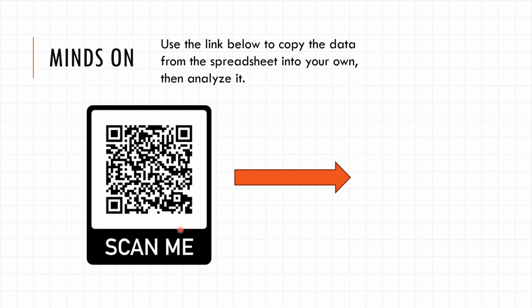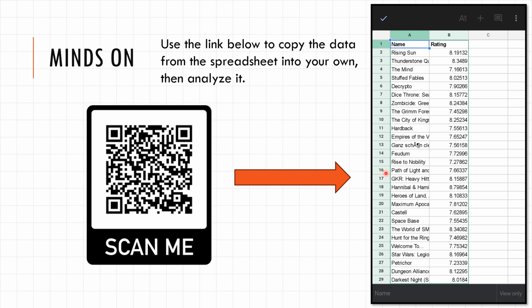To start us off, I'll ask you to go ahead and scan this link here to find a spreadsheet of data that will look sort of like this. So this is a bunch of different games that were released in 2018 and what their rating is on a site called BoardGameGeek.com. Now, it's not pictured here, but there are 3 sheets on this spreadsheet. This is 2018 data.